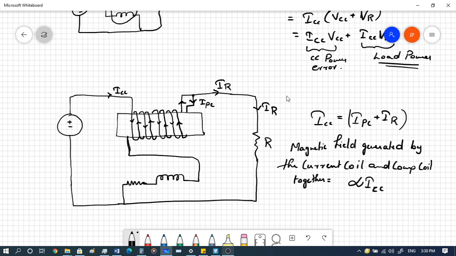ICC minus IPC, because there are two currents. One current is ICC flowing in one direction, and IPC here is flowing in the opposite direction.